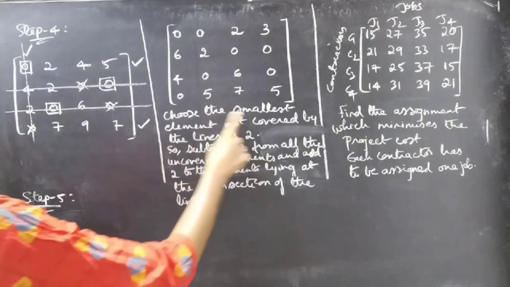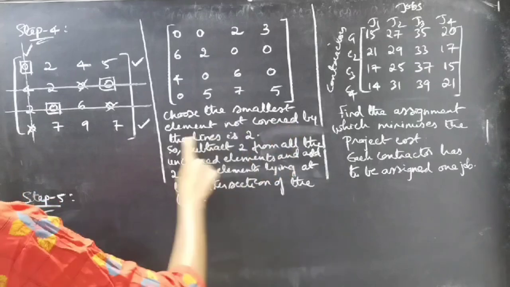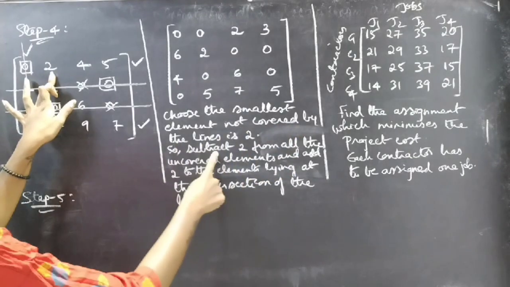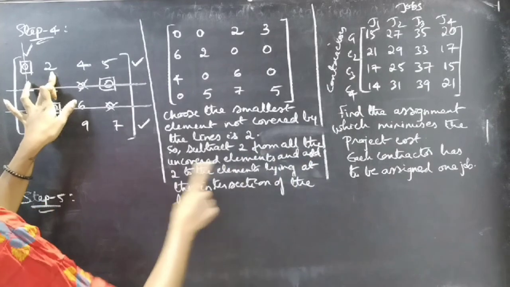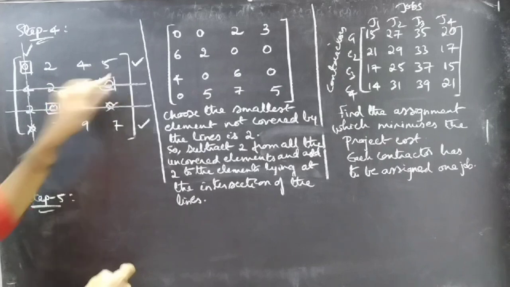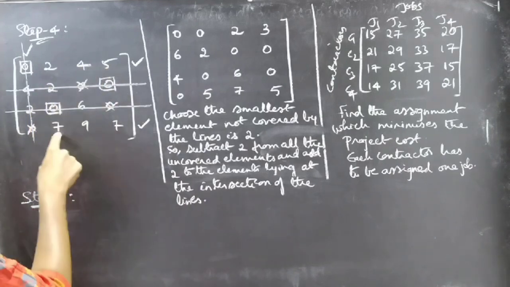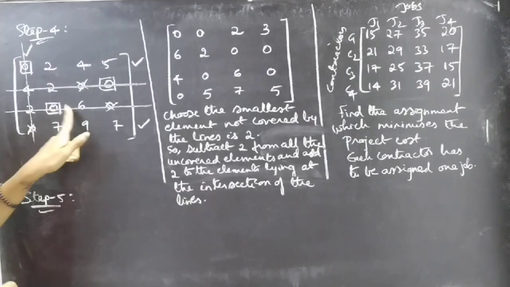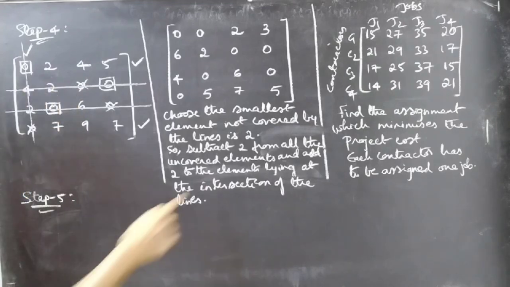See, choose the smallest element not covered by the lines, which is 2. Subtract 2 from all the uncovered elements. 2, 4, 5, 7, 9, 7 are the uncovered elements, which are not covered by the lines.